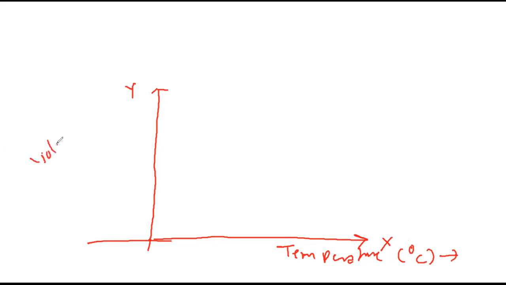Yes, the temperature-volume graph. So the volume of 1 gram of water in cubic centimeter we are plotting on the y-axis.